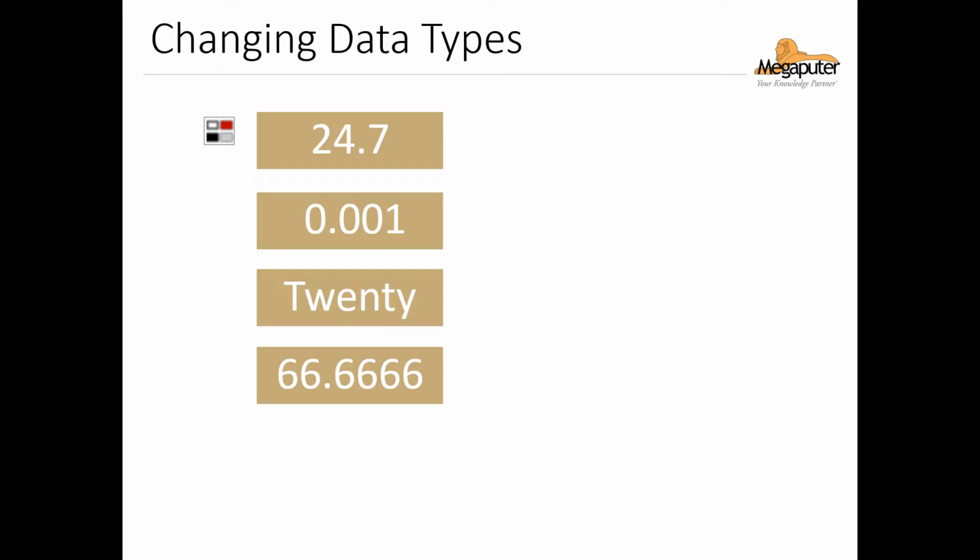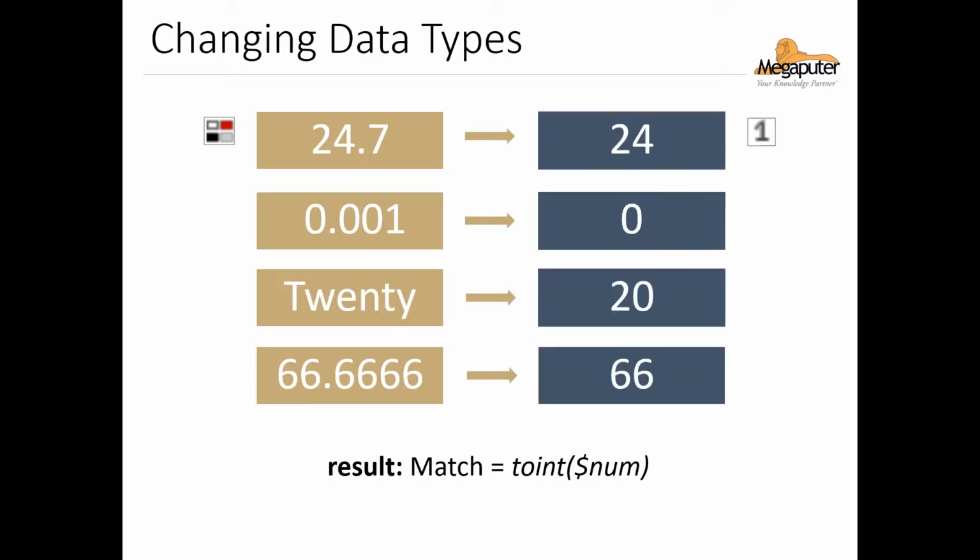So, for example, if we have this list of extracted numbers and we use the toInt function, these values will be converted to what we see on the right. Notice how the numbers that include digits after the decimal point are rounded using this function. Also, notice that the data type here becomes integer.